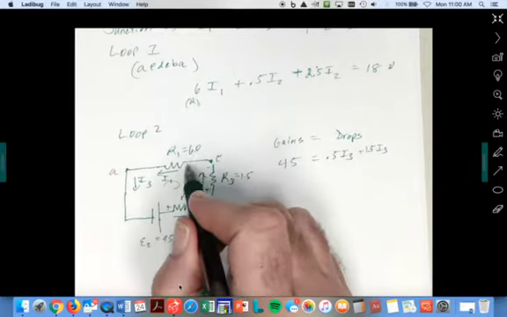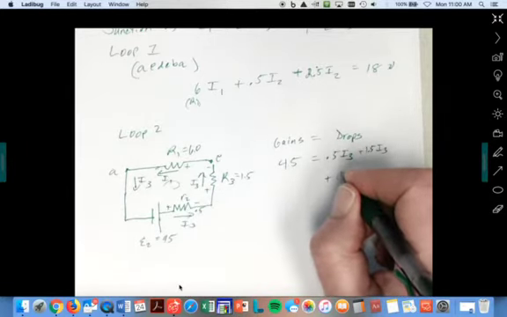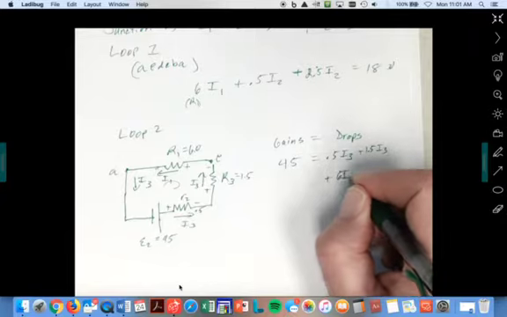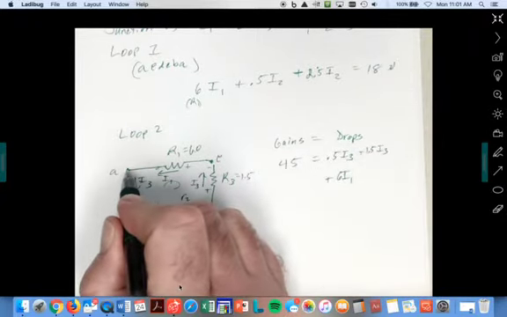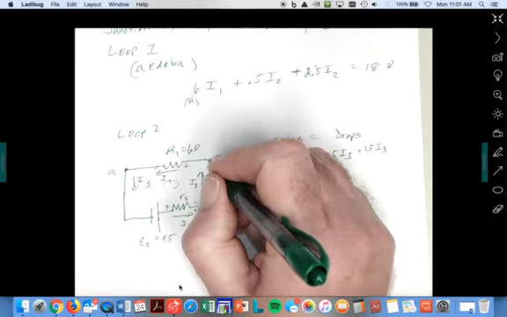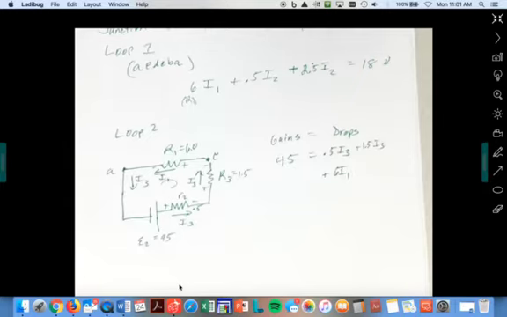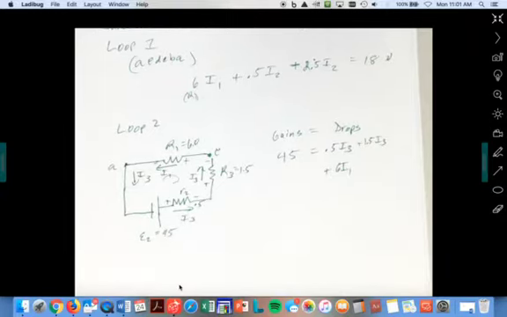And then I've got a voltage drop of 6I1. Then I1 goes into junction A here, and then I3 comes flowing out, because I3 went into here, and I1 went flowing this way, and I2 went flowing that way. Because I3 should equal I1 plus I2, right?